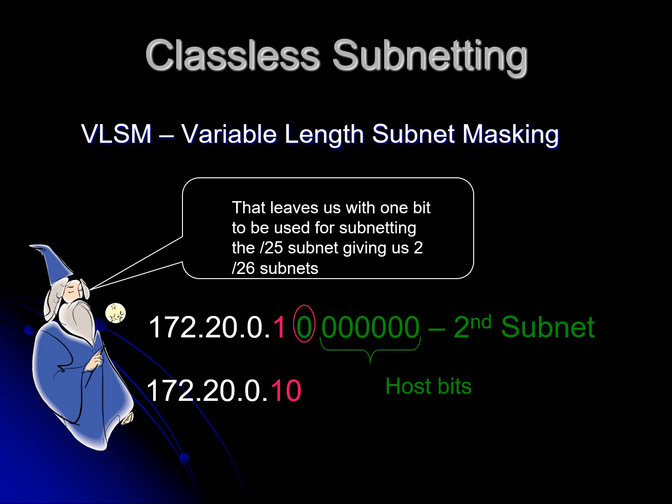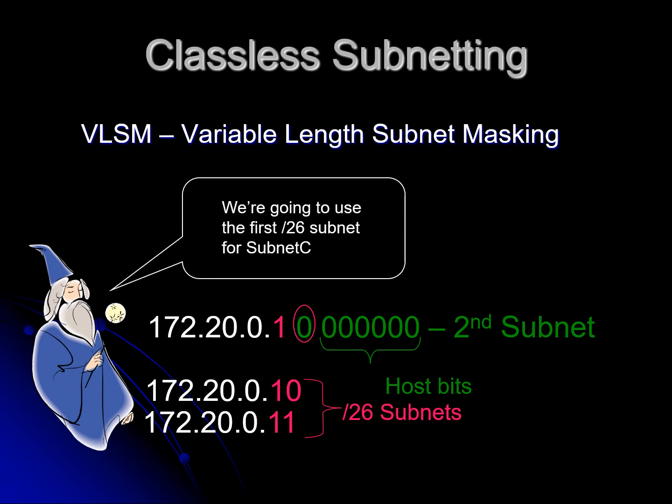So you're now taking a /25 subnet and resubnetting that, making it a /26 subnet, like so. So with that 1 extra bit, you can have another 2 /26 subnets. Yeah? /26 subnets.